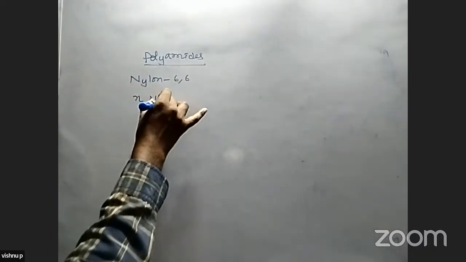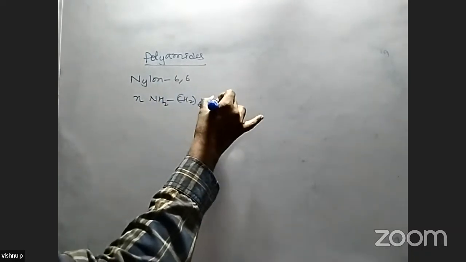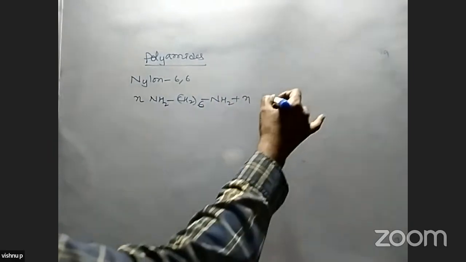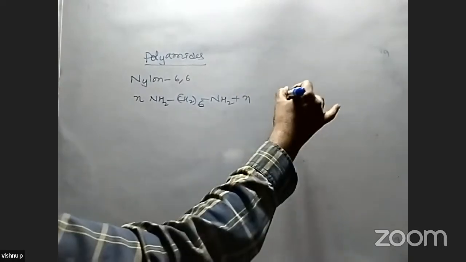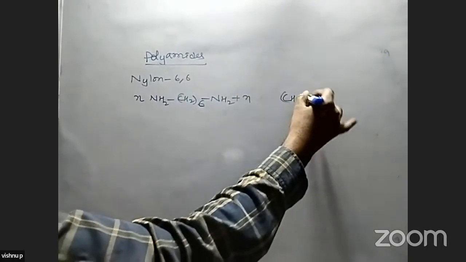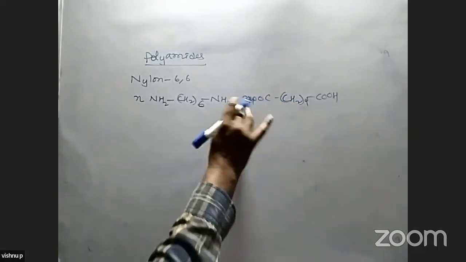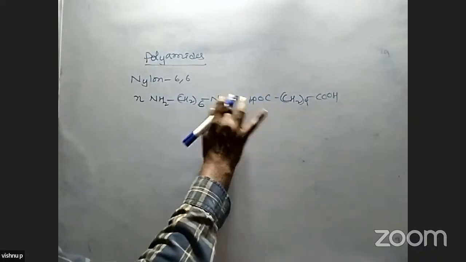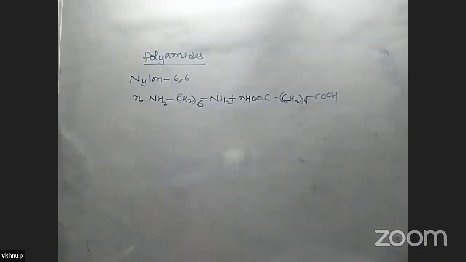N number of hexamethylene diamine combined with n number of adipic acid molecules, COOH, CH2 four times, COOH.